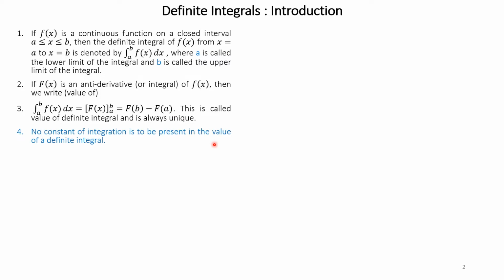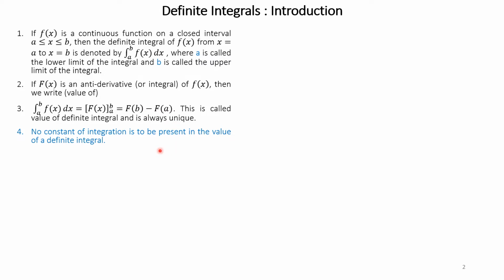Therefore, please note that it's a very important point. There is no constant of integration in definite integrals, because for the two different values, at x equals b and at x equals a, the constant of integration gets cancelled.